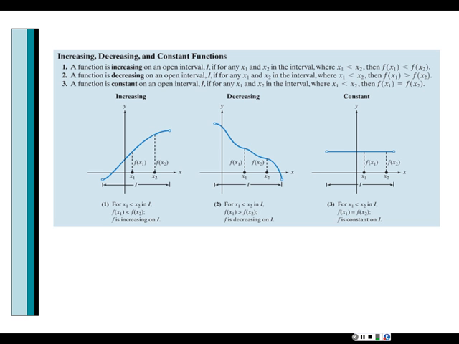Now, for that, if y1 is also smaller than y2, right, then, for an example, let's say your x axis is 1, 2, 3, 4, and the y axis is 1, 2, 3, 4, and 5.